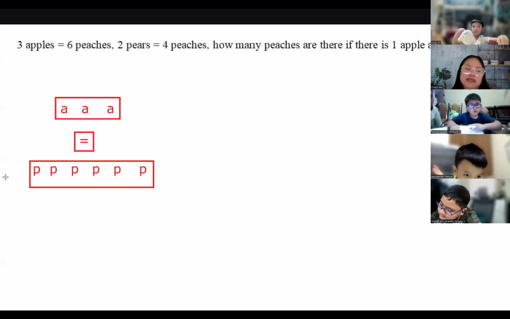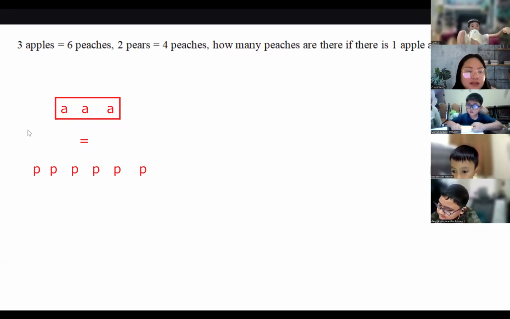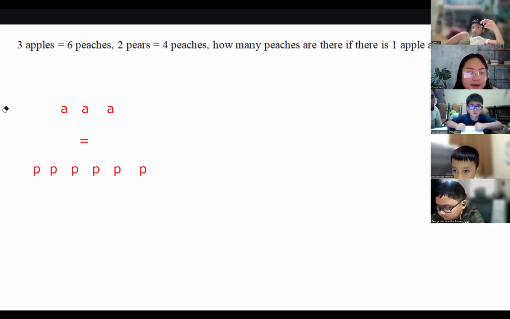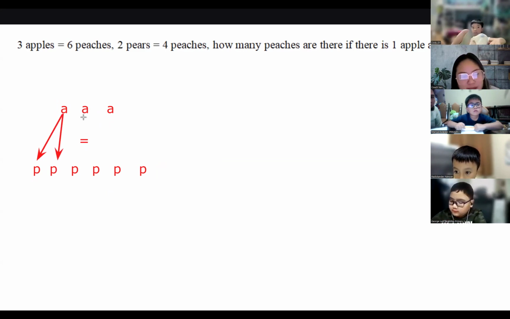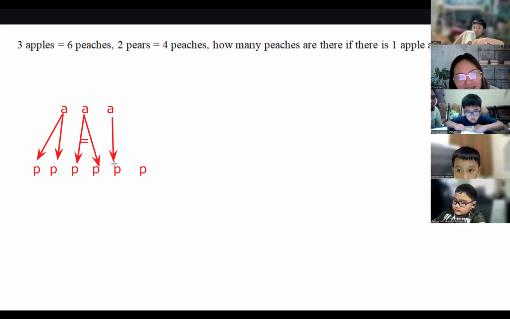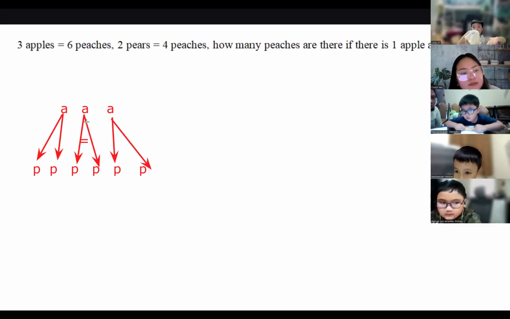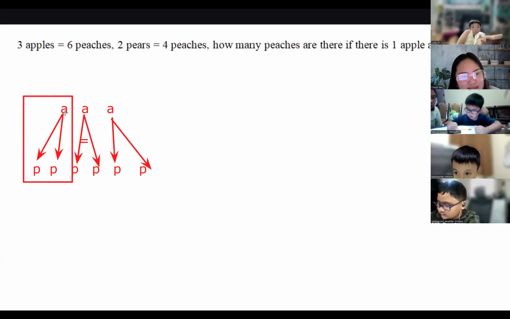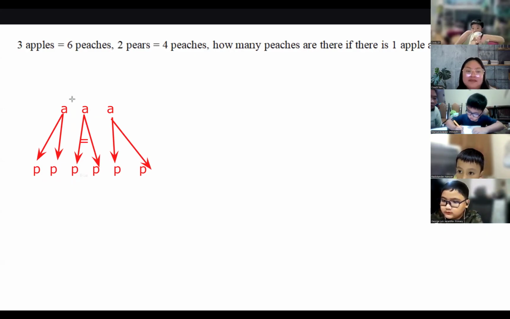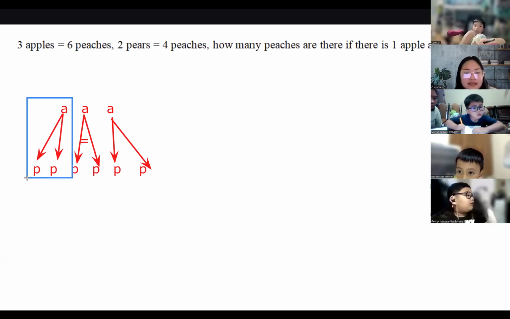It's not horizontal. Now, if you distribute each of the apples to the pears, one apple is paired to two pears, like this. You see that? You got it so far? Now, let's draw the next sentence.